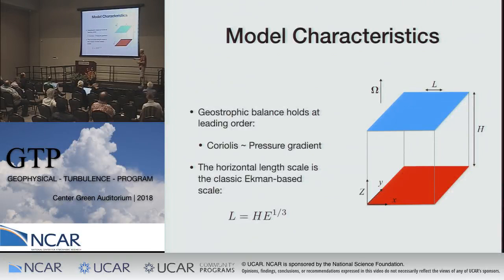The other big assumption, which I'll discuss more, is the horizontal length scale of the convection, L. It's the classical Ekman-based length scale, so it goes like Ekman to the 1/3. This is the horizontal scale over which the geostrophic balance holds. So this is intrinsically anisotropic convection in the limit of rapid rotation. L gets very small as the Ekman number gets small.